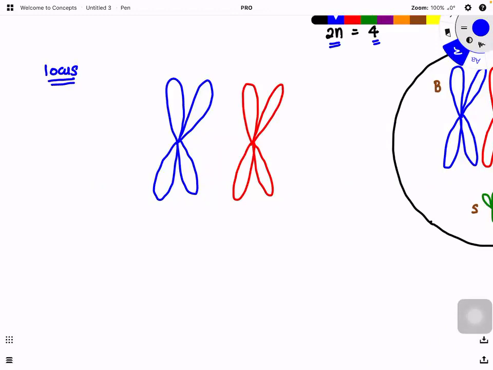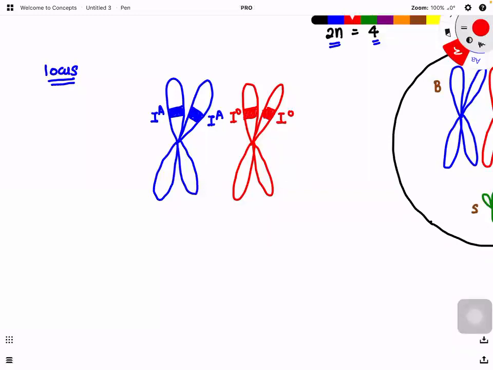So it means that if you want to look at a particular gene, let's say for example, the gene that codes for the blood group, IA. Here, let's say this one, at the same position of the same chromosome, IO.